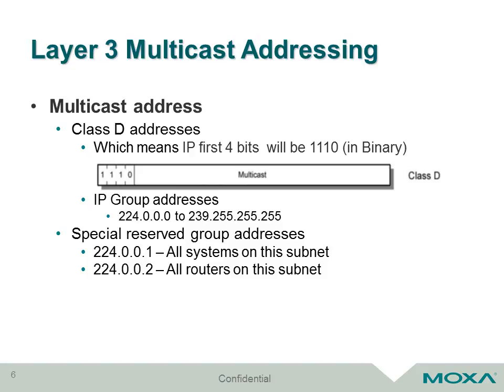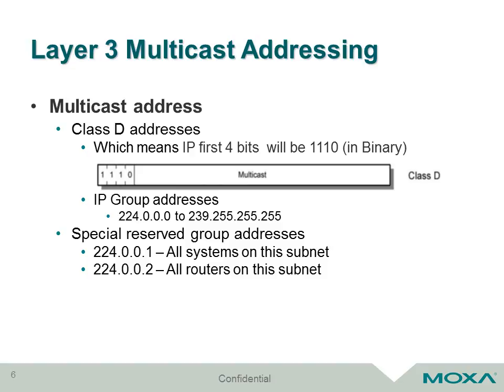Now we are going to introduce Layer 3 multicast addressing. Multicast addressing is defined as Class D address, which means the IP first 4 bits will be 1110 in binary, as you can see in the following diagram.